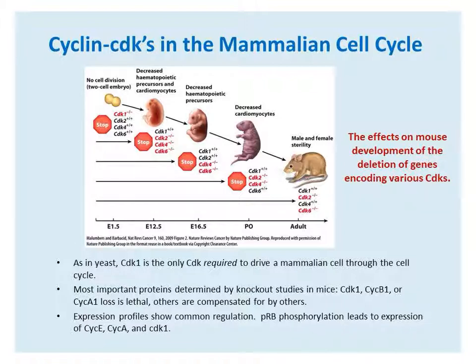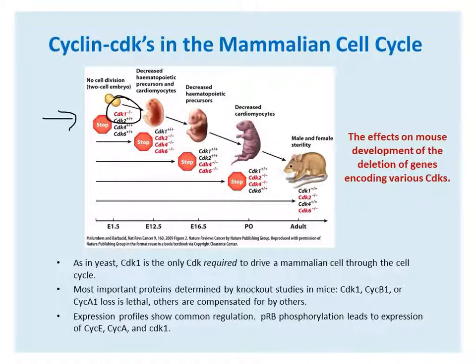What you'll see from this diagram is that only one CDK knockout is considered lethal, meaning that it doesn't even allow the embryo to start to form, and that is CDK1. CDK1 is critical especially for mitotic progression, entrance into mitosis, but it appears to be critical for driving the mammalian cell cycle.